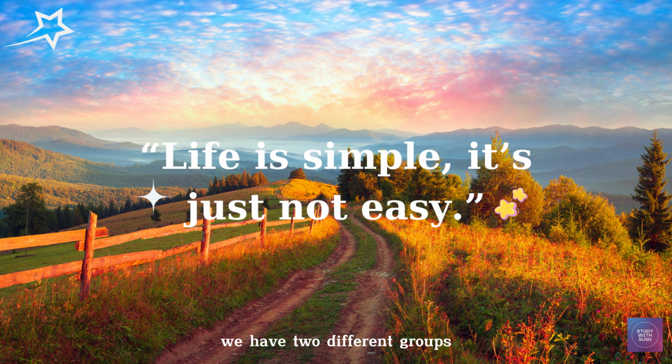We have 2 different groups and they're divided up according to age. There's the green group, which is for 3 to 4-year-olds, and then there's the red group, which is for 4 to 5-year-olds. She's quite mature for her age and she can already write her name and read a little. Well, I'll put her in the red group and we can always change her to the green one if there are any problems. That sounds fine.